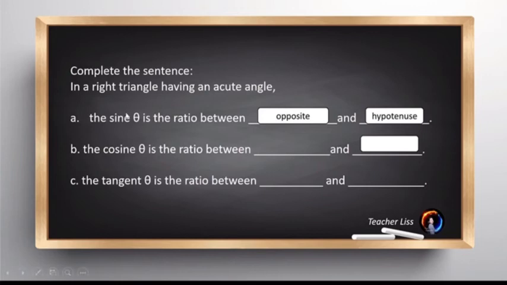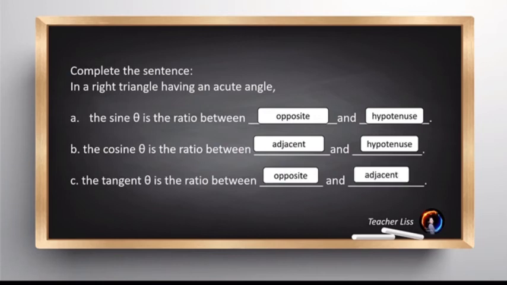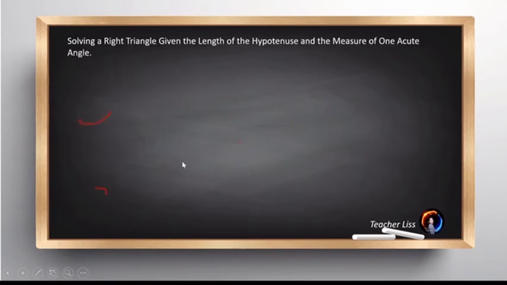So that will be the reciprocal of sine, which is cosecant. What about cosine? Cosine theta is the ratio between adjacent and hypotenuse. And the tangent theta is the ratio between opposite and adjacent, wherein its reciprocal is cotangent. And the reciprocal of cosine is secant.